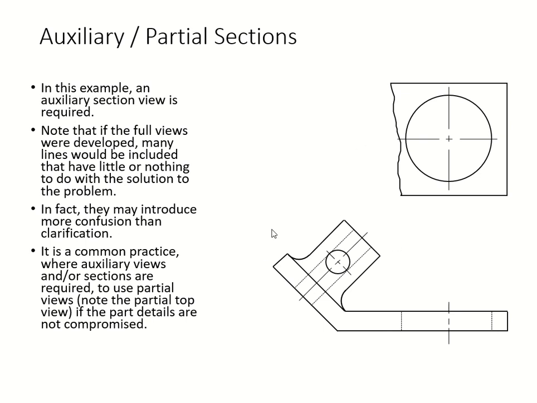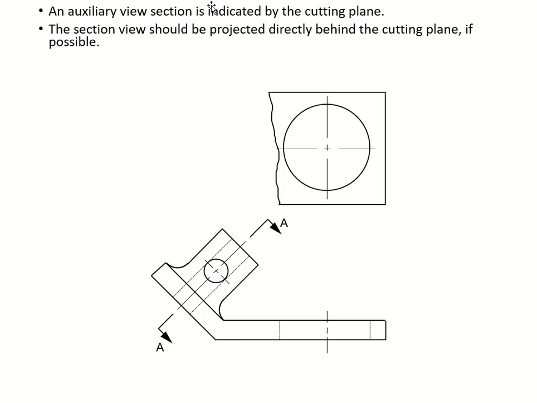If we took the whole thing, it would take a long time to include too many lines, so that wouldn't be wise. So in this case, we're just going to go with a partial view. So let's cut, and we're going to cut straight down through this internal feature right there.